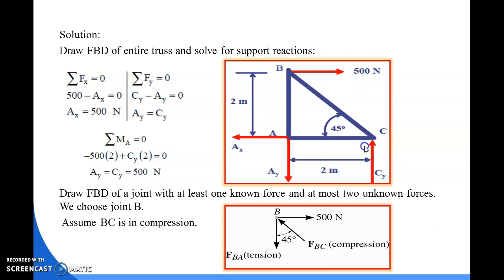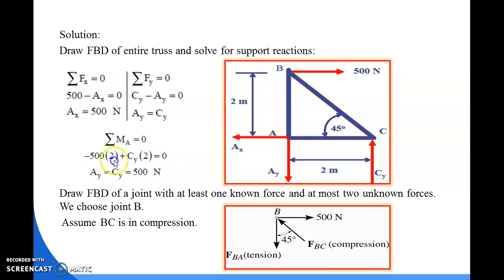Similarly, this reaction, that is the CY reaction, gives a sagging moment towards the point A. So the sign of the moment should be positive and it will cover 2 meter from the point C to A. Hence, the moment of the CY reaction should be CY into 2.